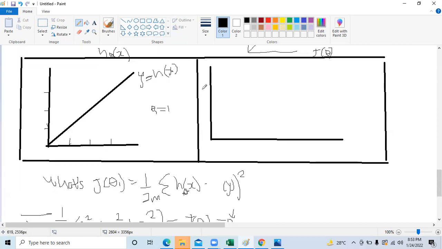This is j theta on this axis, and on this axis we have theta. So let me label 1, 2, 3.